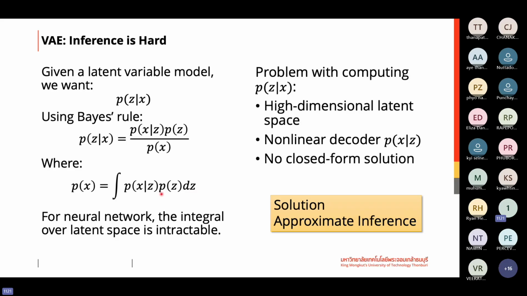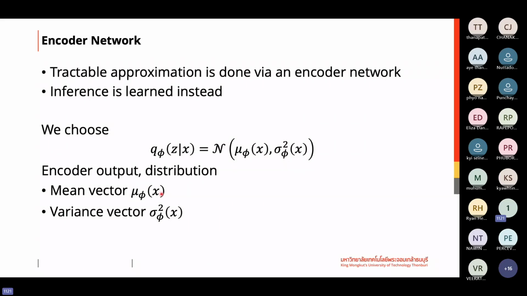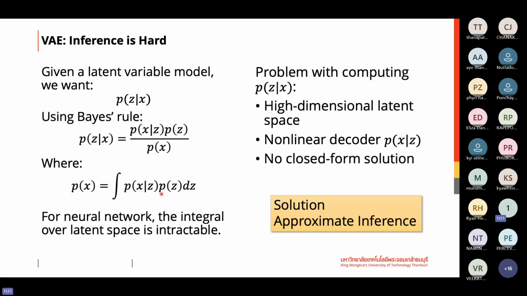So what do we do? Usually in computer engineering, when we encounter such a problem, we just turn the problem into an approximation. Integral too hard, approximate it using a numerical method. Okay, approximate how?